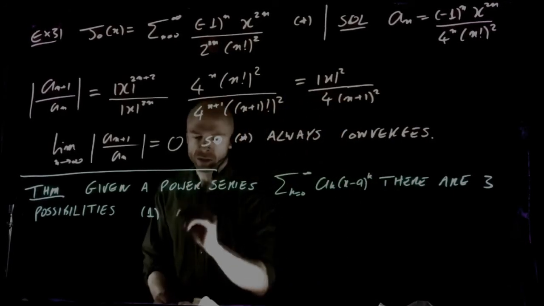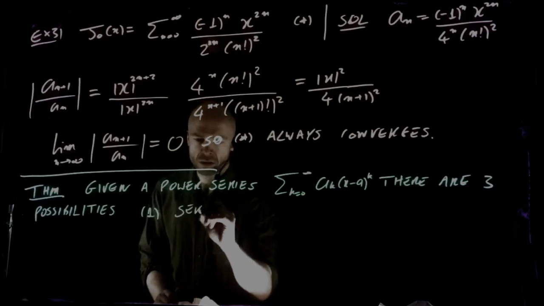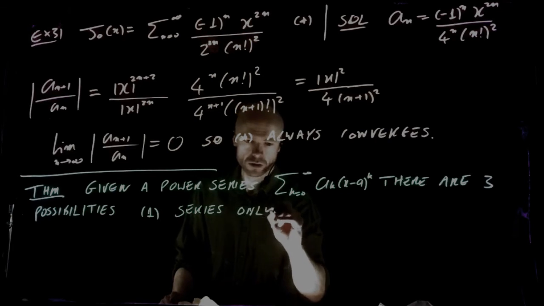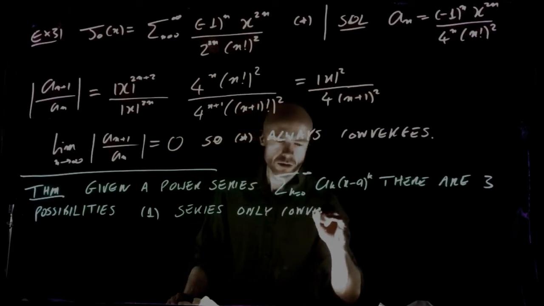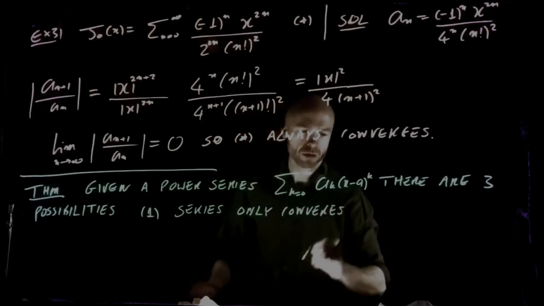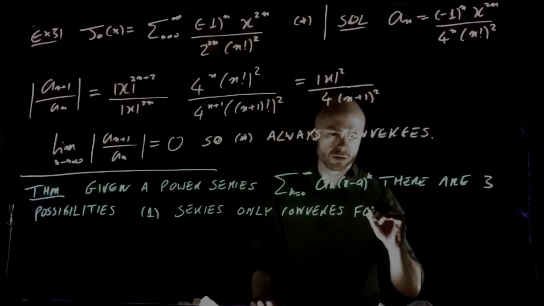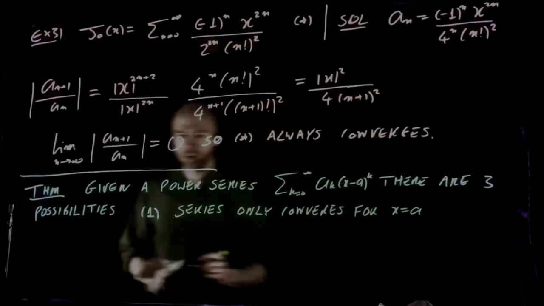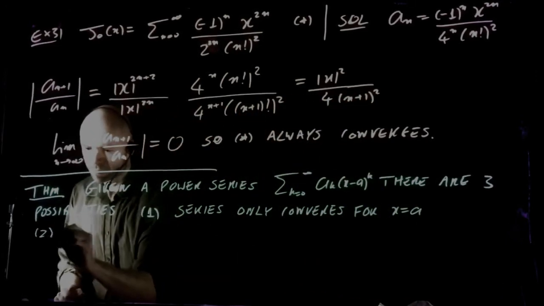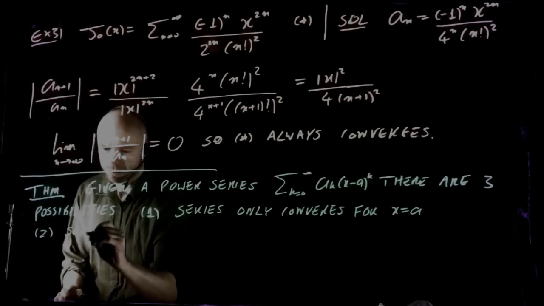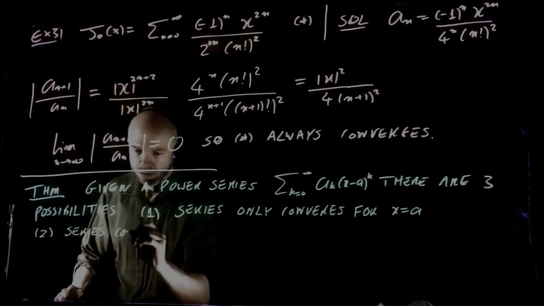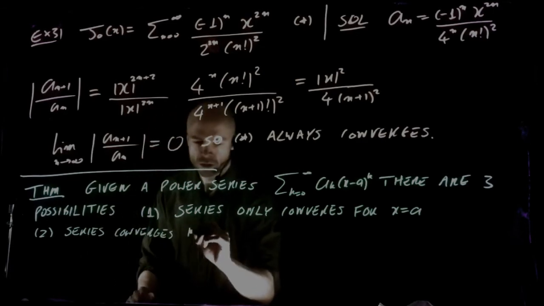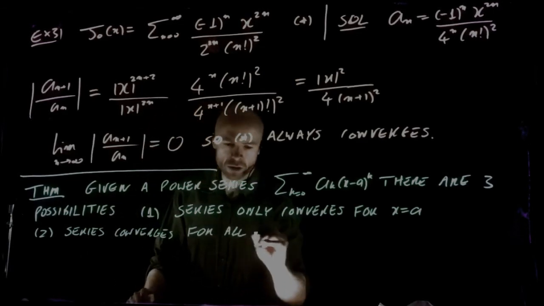So the first possibility: the series only converges for x equals a. The second possibility: the series converges for all x.